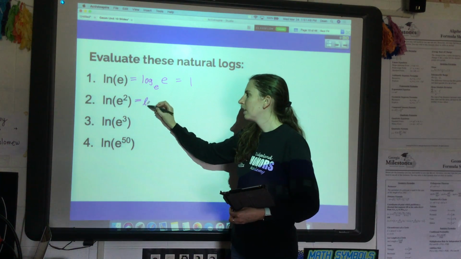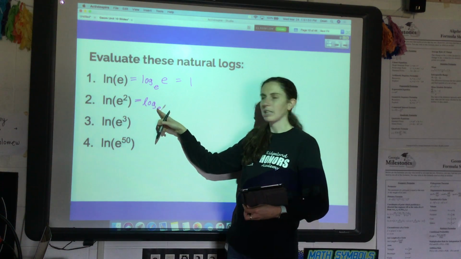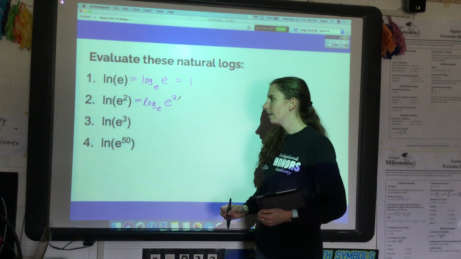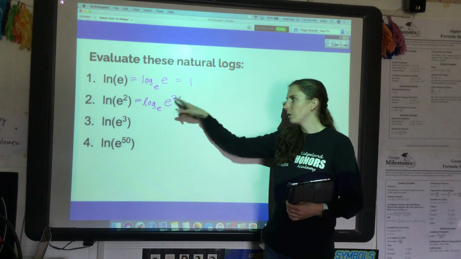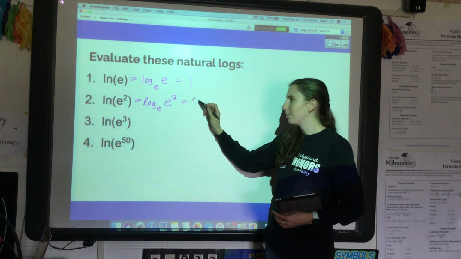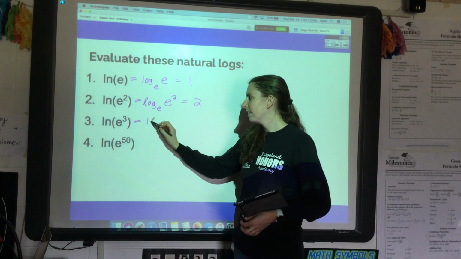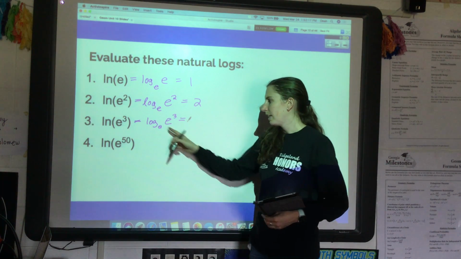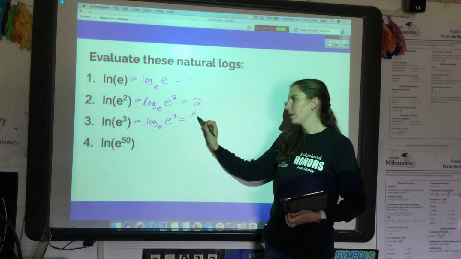This would be log base E, because again, natural log is log with a base of E, and then it's got E squared in it. This is like saying E to what power would give you E squared? Well, it would be 2. E to the second power would give you E squared. Same thing here, log base E of E cubed. E to the what power would give you E cubed? And it would be 3.